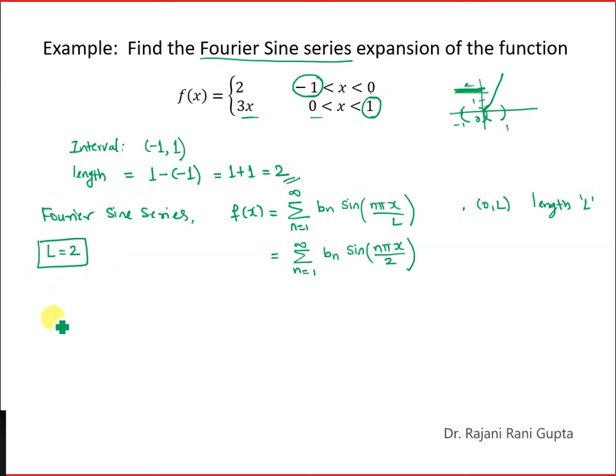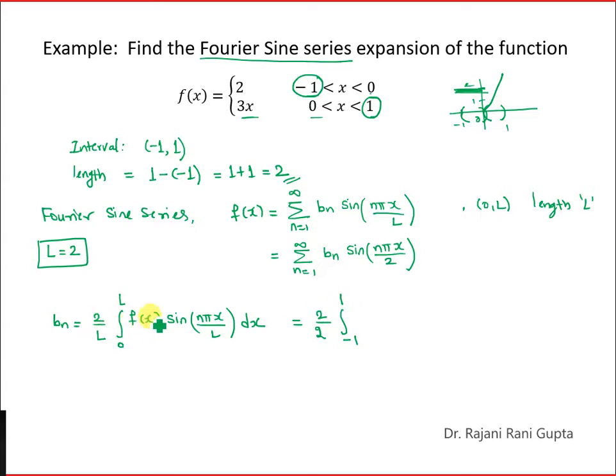Now next is to find bn, which is given by 2 over L, integral from 0 to L, f(x) sine n pi x over L dx. This is the formula. Now substitute the value of L. 2 over L is 2, and the interval is from -1 to 1.